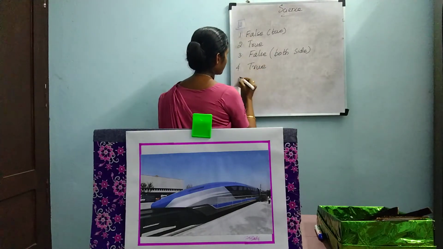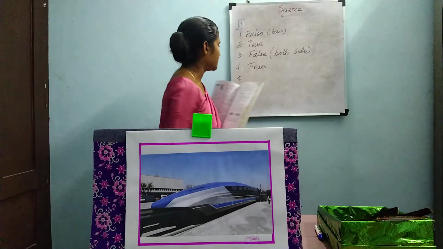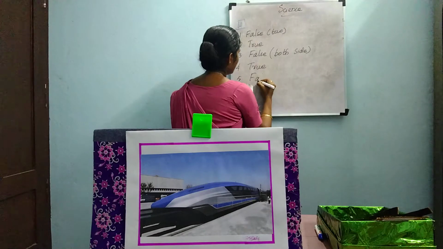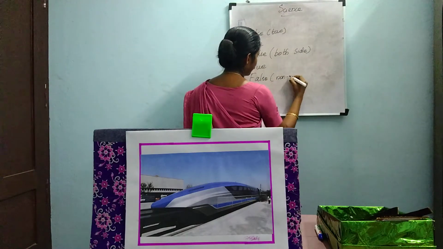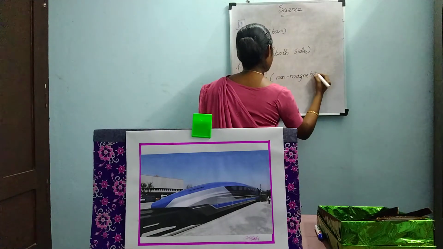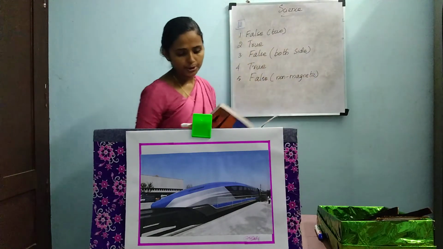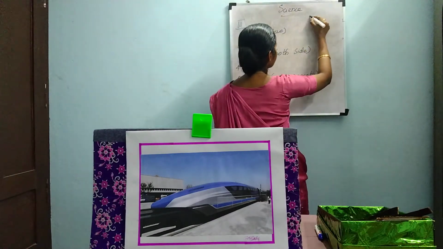True. Rubber is a magnetic material. False. Change magnetic to non-magnetic.